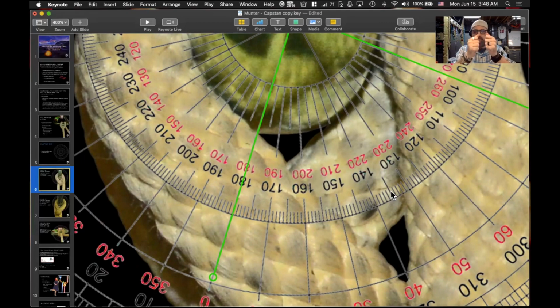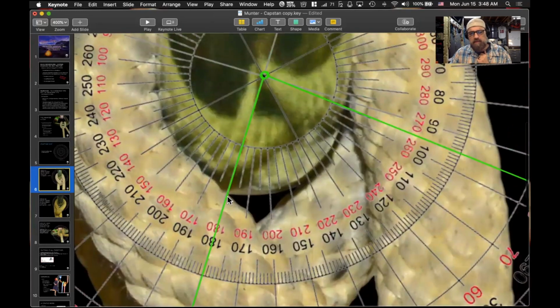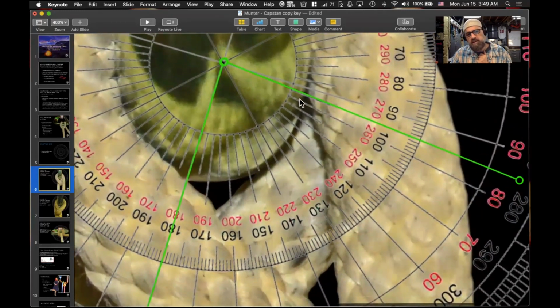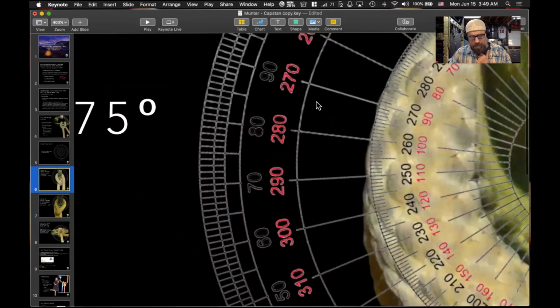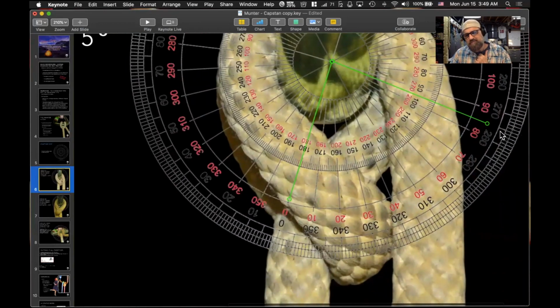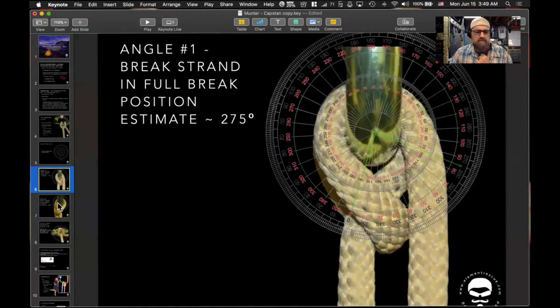We're keeping it just parallel with these lines. And with that, we have 0 here, and that's basically estimating where the rope is in contact and coming up to the center of our point and our carabiner, and then going off to where we lose contact of the rope with our brake strand. So we're estimating that right at about 275. Going back here, you can see right in between there, 270, 280. So we estimated that at about 275. So that's our first angle.